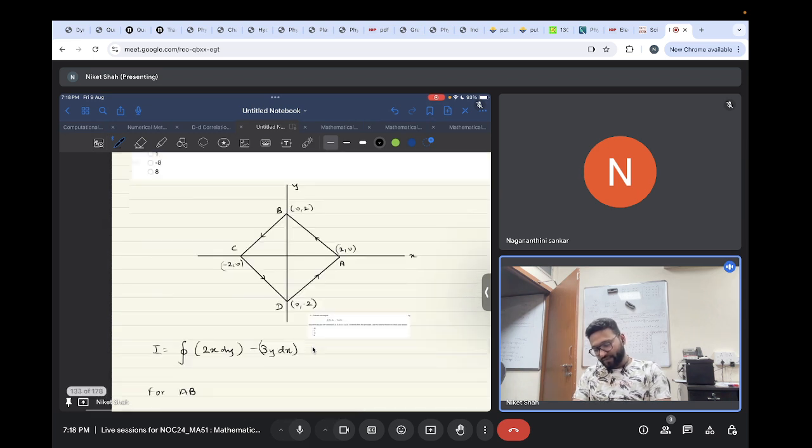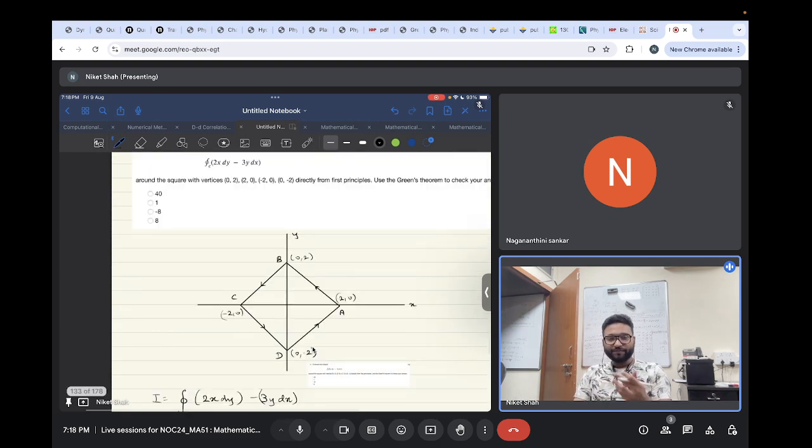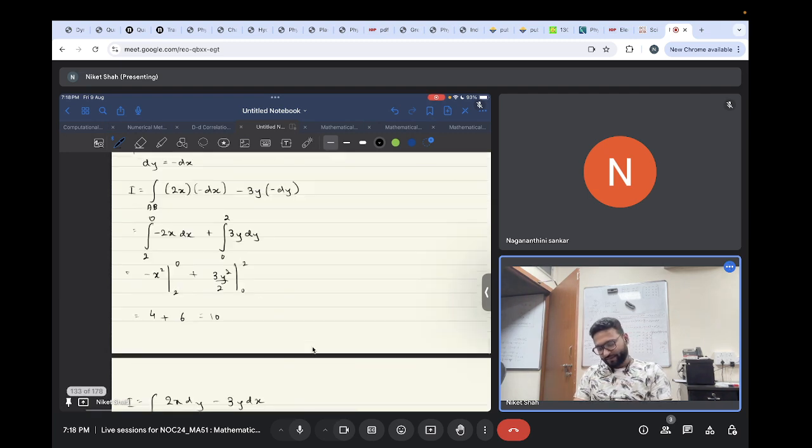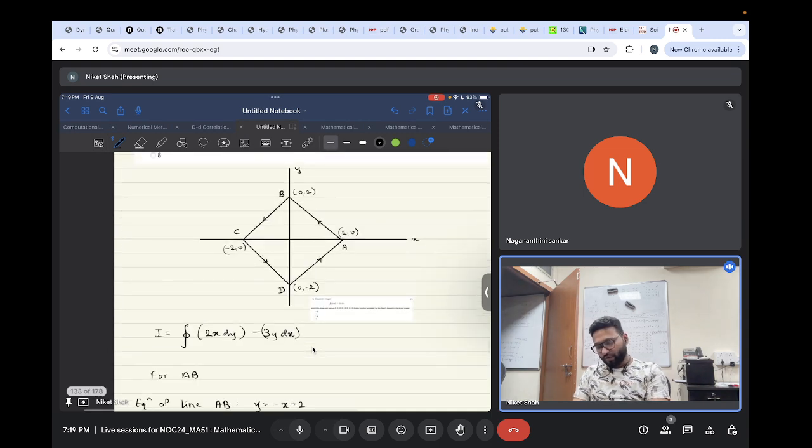Because the direction of BC is downwards, so we'll take the x and y limits accordingly. That we have to be careful with, of course. So 2x dy will become dx, and what's the limit of x? Because here you can see I'm going along BC.